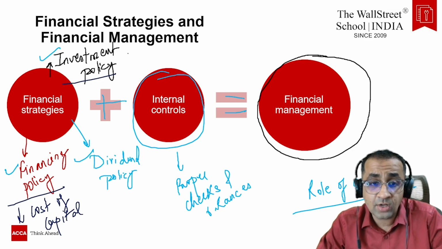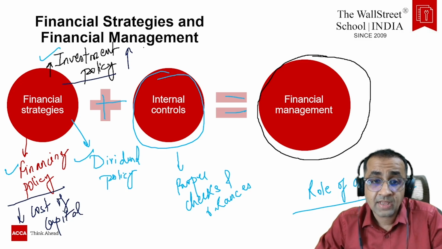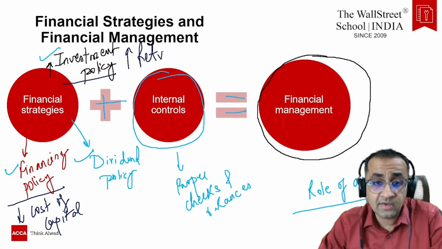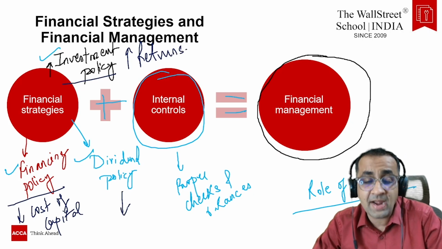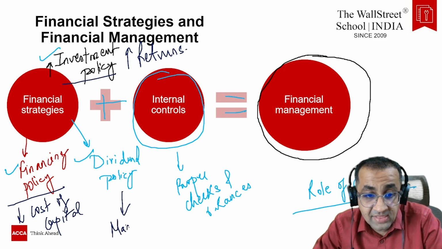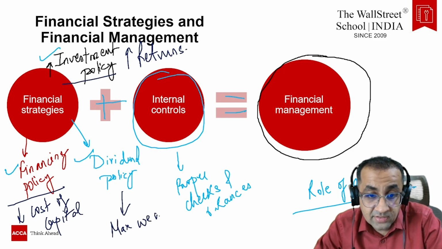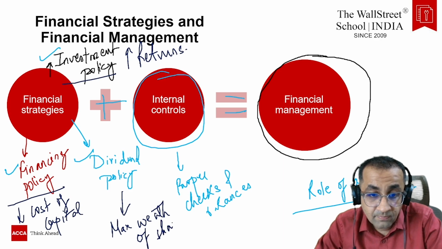And here, what is the role? To increase the returns, right? If you are making the investment, the key role is to increase the returns. And then there is dividend. What do we mean by dividend? It is to maximize the wealth of shareholders. It's as simple as that.